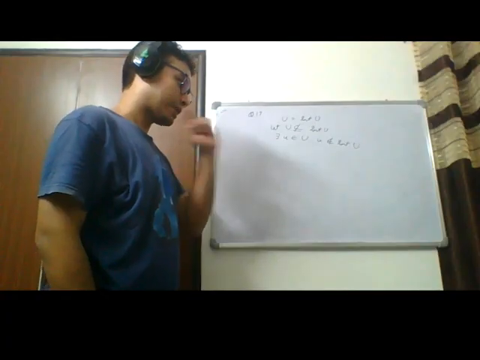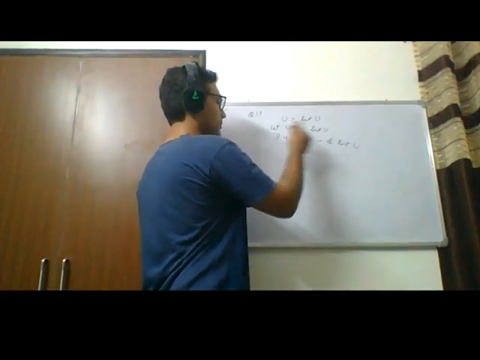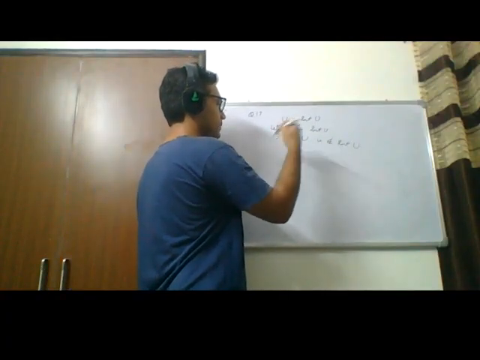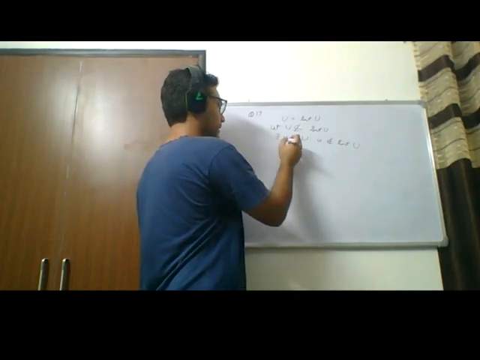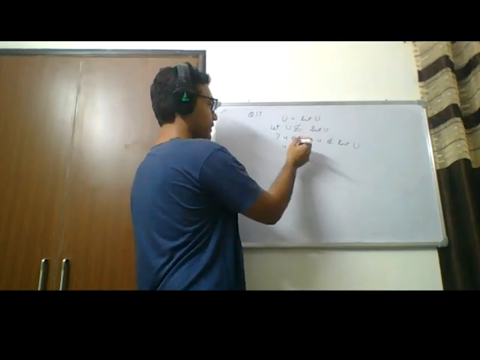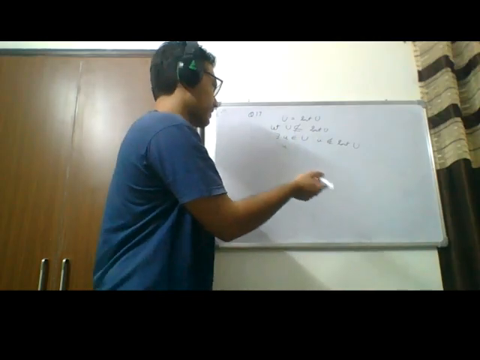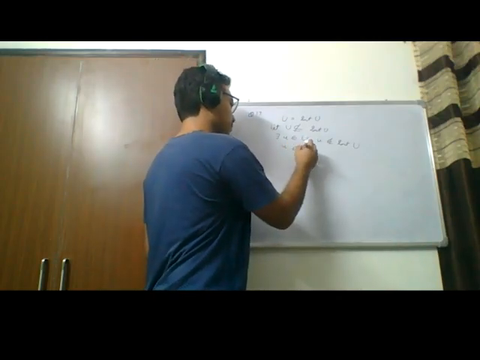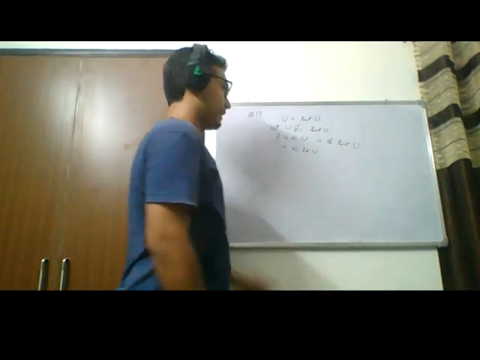Okay, so now what? That means this X, since it belongs to U, must belong to U closure, and therefore this X belongs to the boundary of U, right?